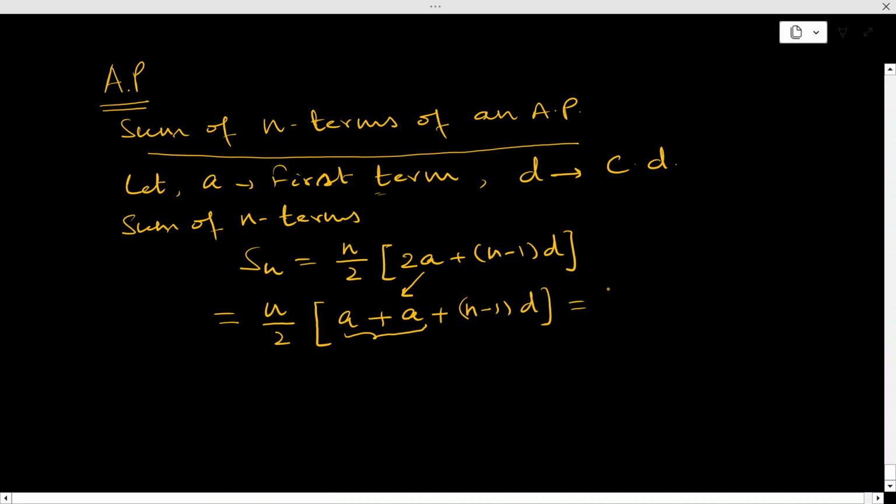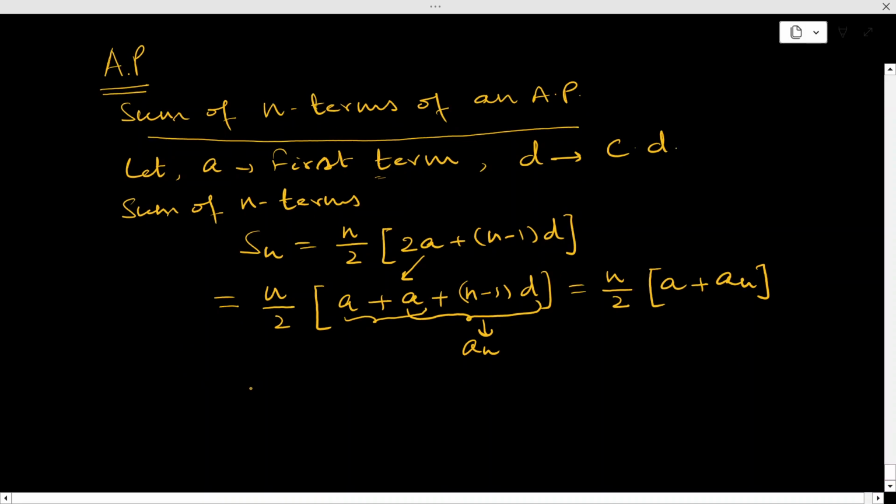So this will give you n by 2 times (a, and this a plus (n minus 1) times d). This is your nth term, an. So this is (a plus an) multiplied by n by 2, and this is again the sum of the first n terms of an AP.